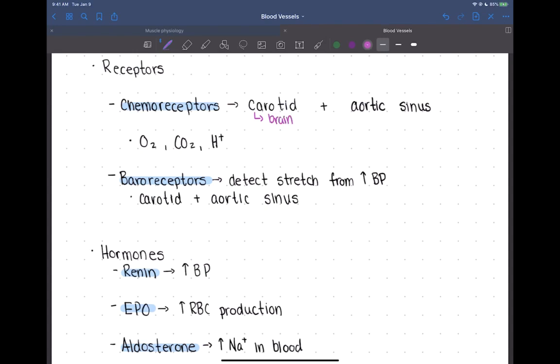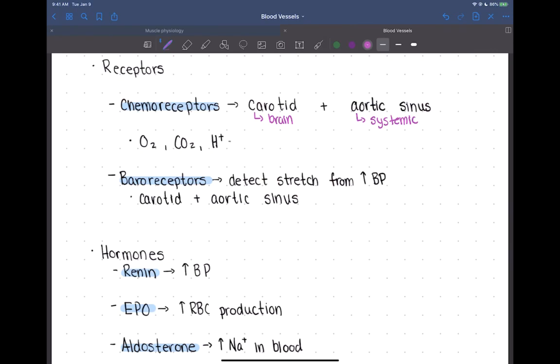What's the chemical makeup in that blood that's being sent to the brain? In the aortic sinus, the receptors are going to monitor blood being sent out to your tissues, so your systemic blood. What these receptors are going to detect are levels of oxygen, carbon dioxide, and hydrogen.